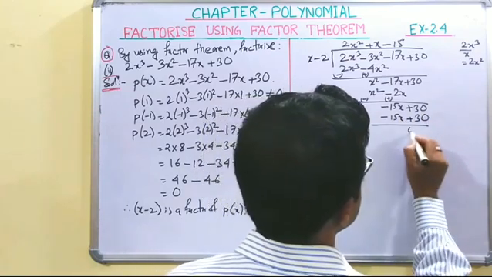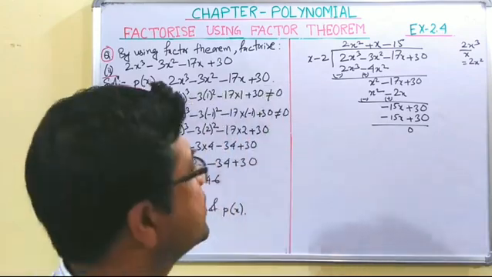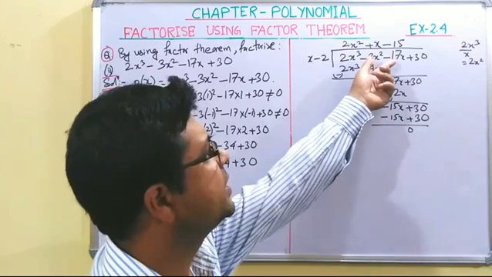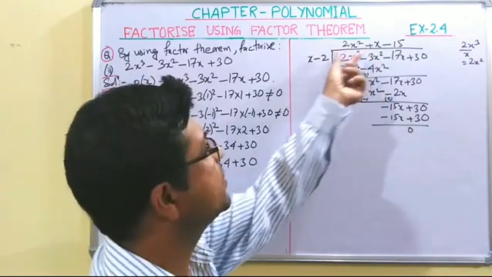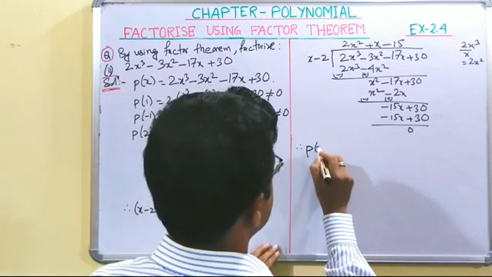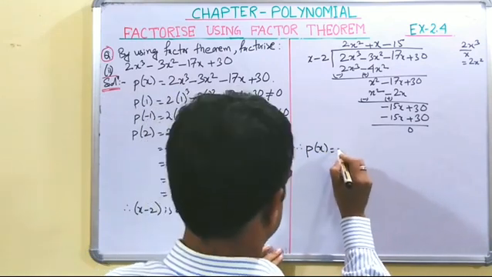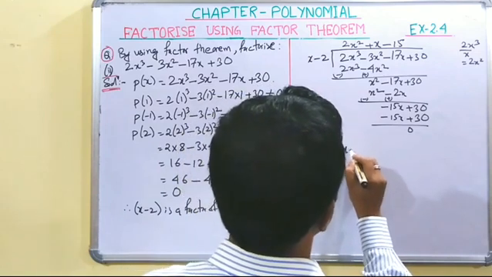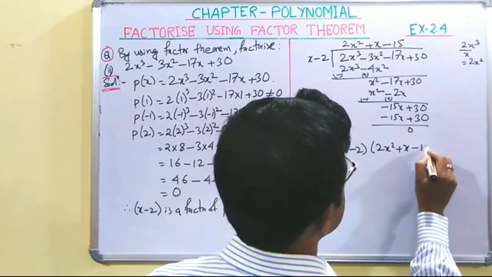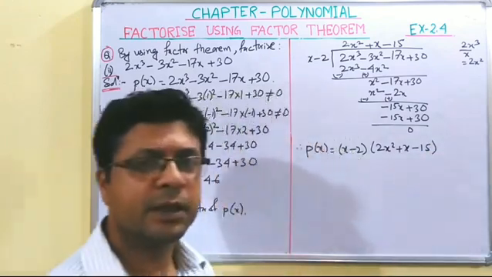Their remainder is 0. So when we divide this by this, the remainder is 0. That means this polynomial equals x minus 2 into this. Therefore, P of x equals x minus 2 into 2x square plus x minus 15. Got it?